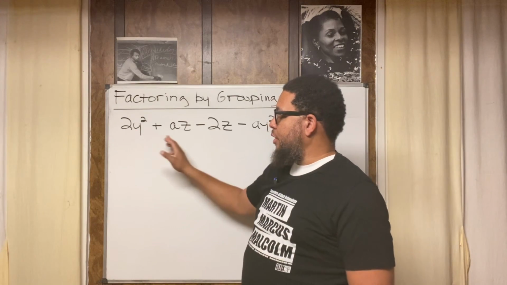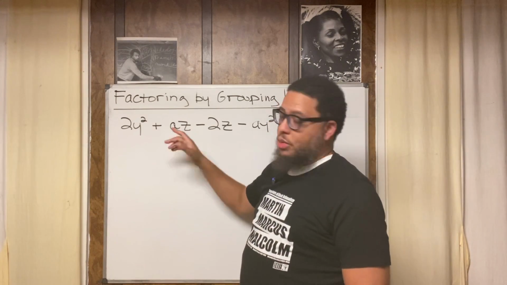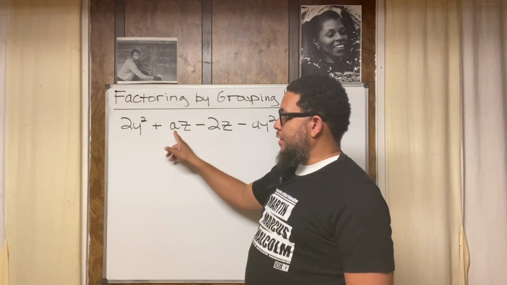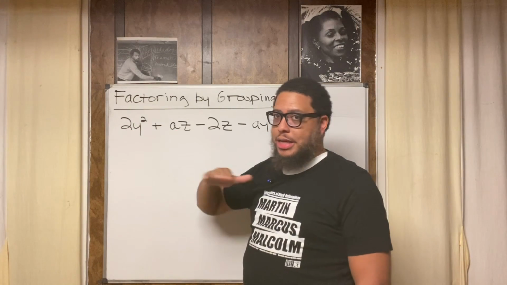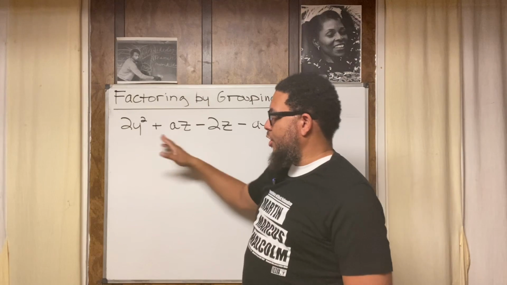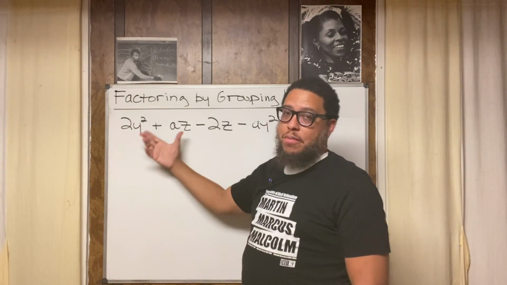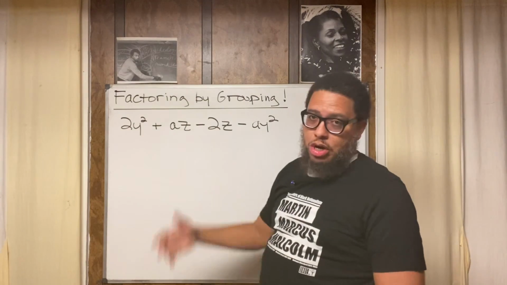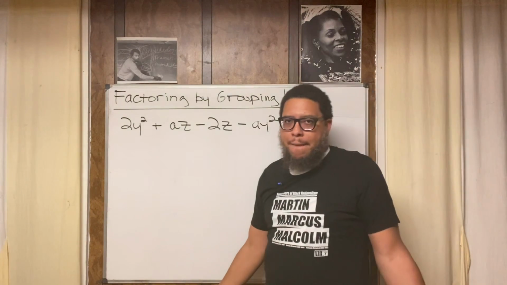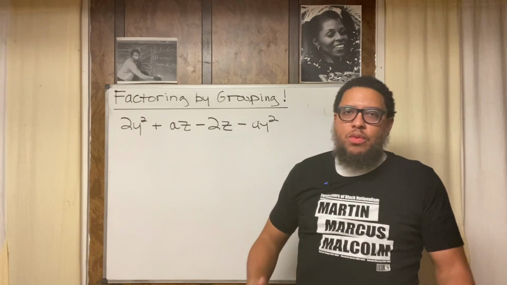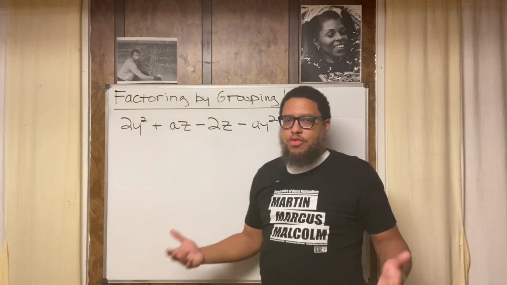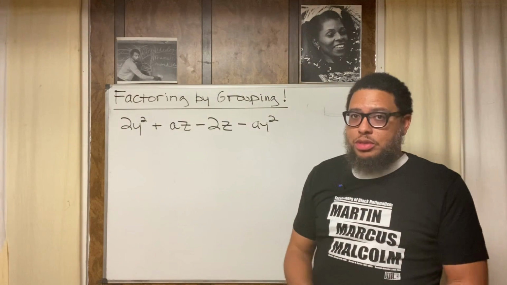This has a y squared term, this does not, so y is not common. This has an a term, this does not, so a is not common. This has a z term, this does not, so z is not common. So these 2 terms, if I made a group out of them, they ain't got nothing in common. We're not going to be closer to our factored form of this expression if I group those together.